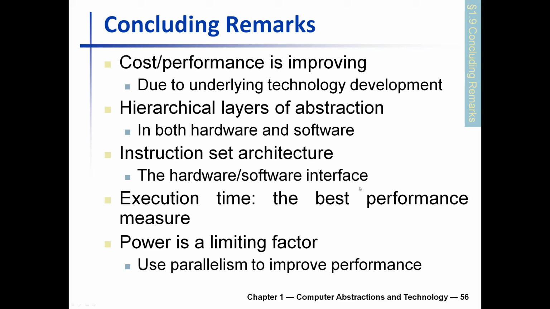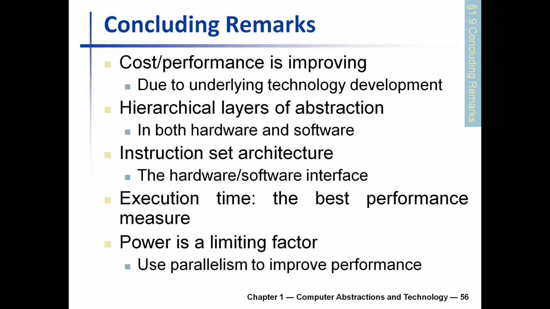So the cost and performance of a computer system has been improving and it is still improving due to underlying technology developments, right? We saw how certain challenges were faced and how we solved them, how we came up with different solutions like multiprocessors when we couldn't keep improving the clock rate. Yeah, so things like that.